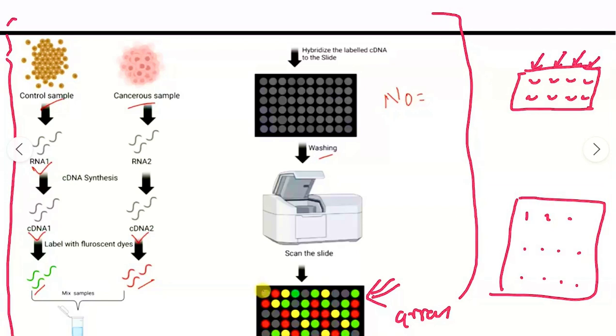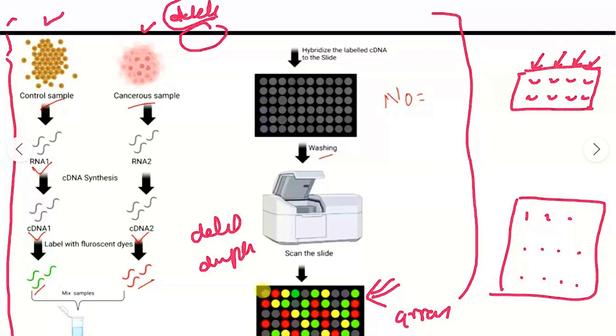I will just tell you what the method is. By this method, we want to know where there is deletion or duplication present. They take a control sample and a disease sample, where we know deletion or duplication of the genes is present.